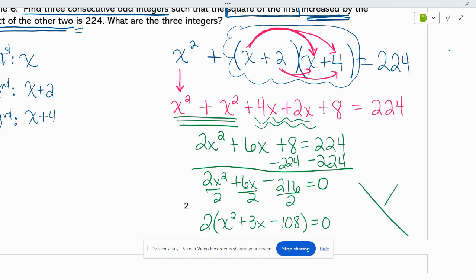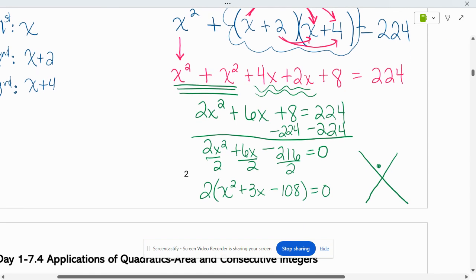All right. Justice, what am I putting in my x chart? I'm looking for 2 numbers that multiply to what? Look at the board.